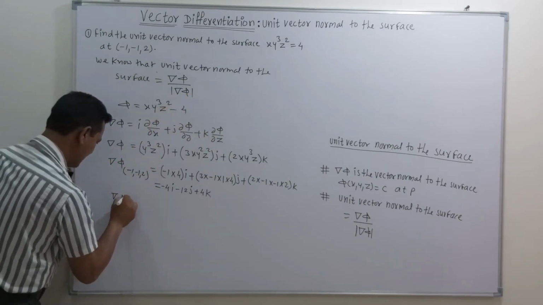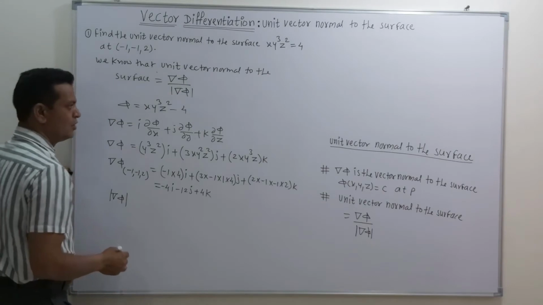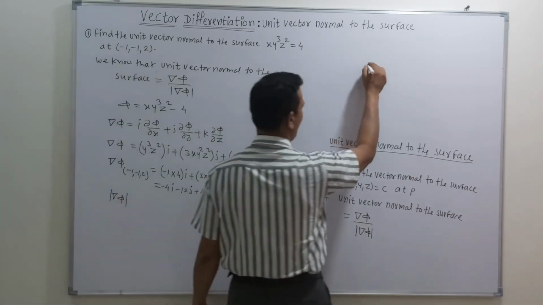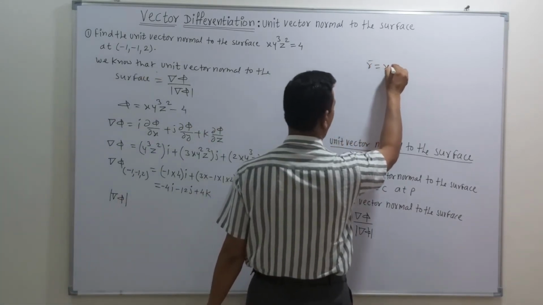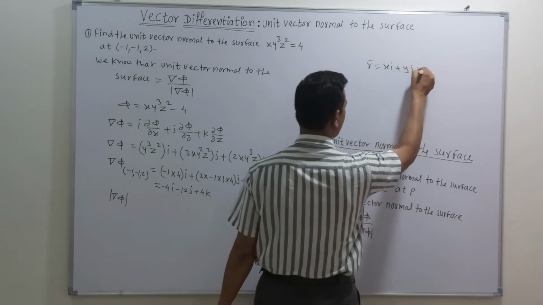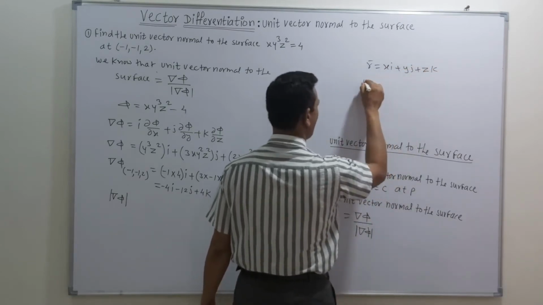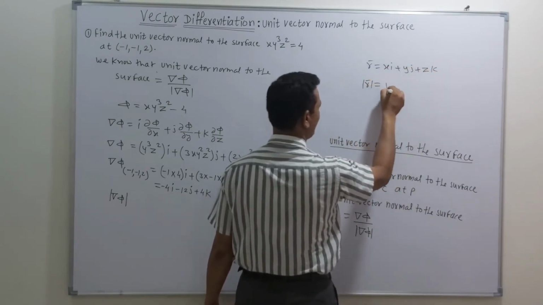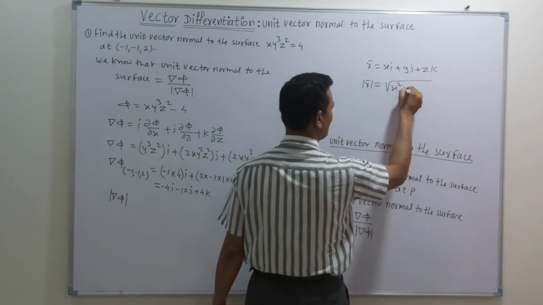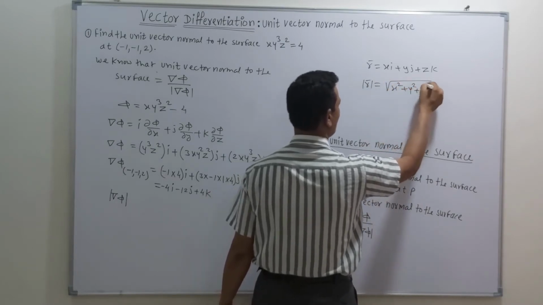The denominator term is the magnitude of del phi. We know that if vector r is defined as xi plus yj plus zk, then the magnitude of r bar is the root of x square plus y square plus z square.